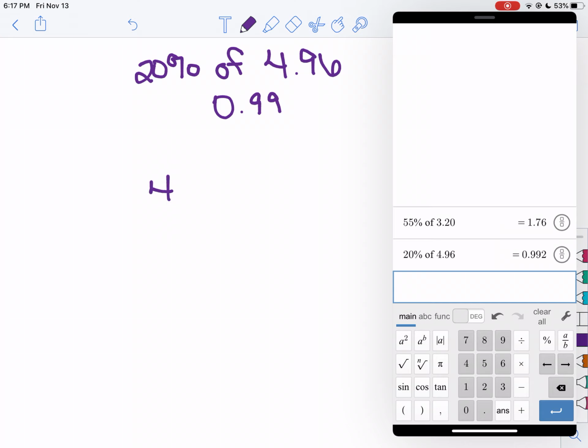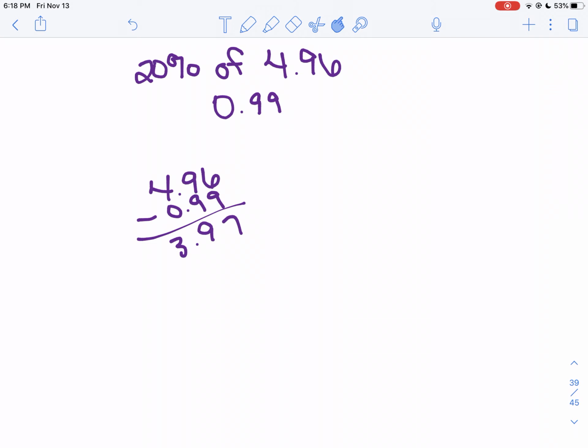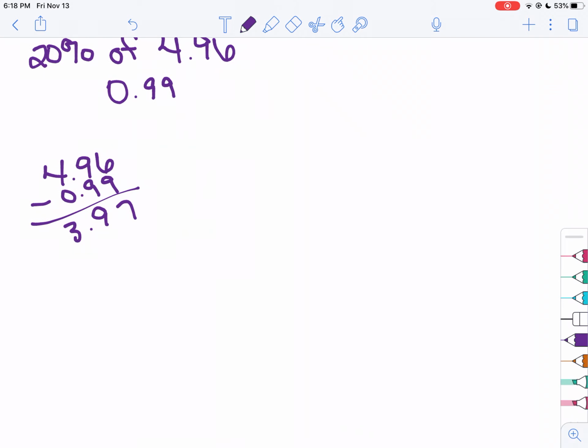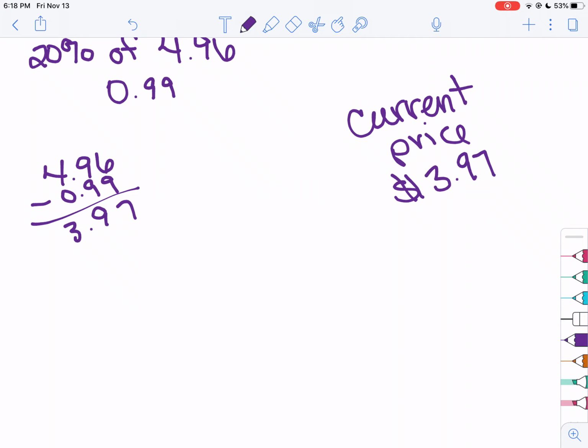It's a discount, so $4.96 minus the 99 cents. And so that gives us $3.97. So their current price that they're selling them for is $3.97.